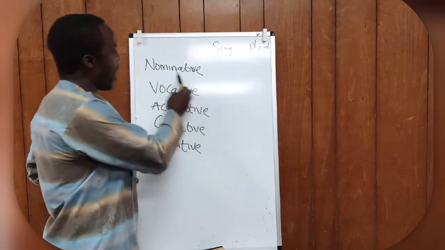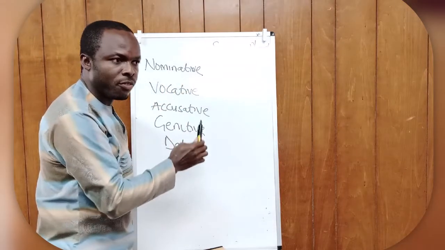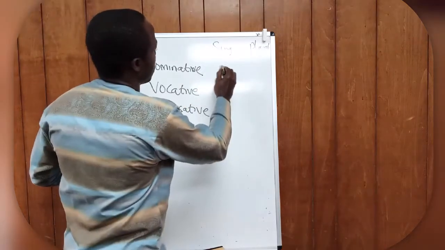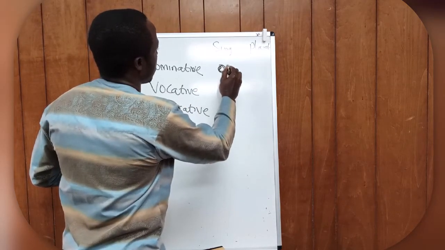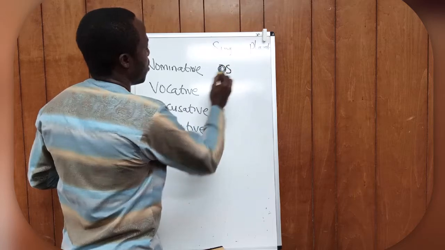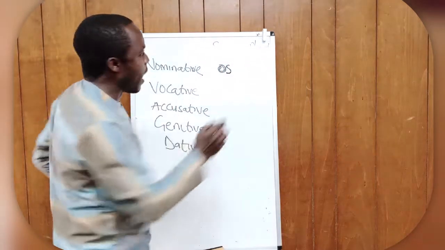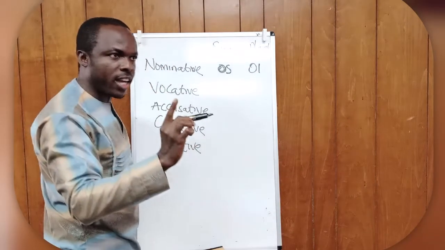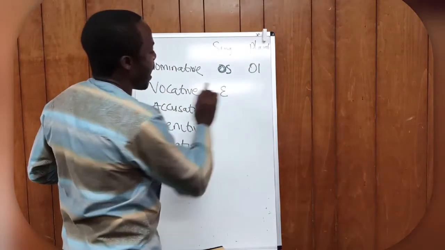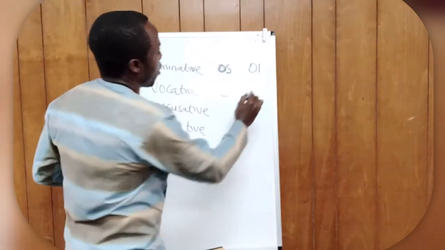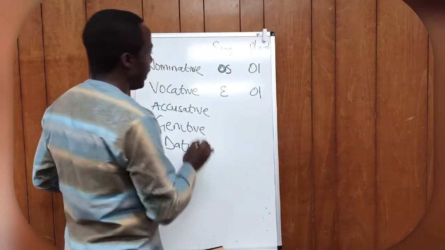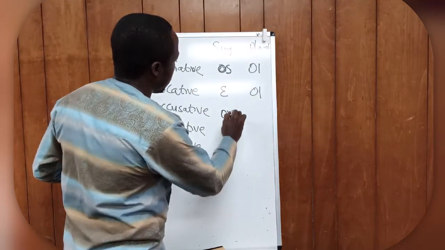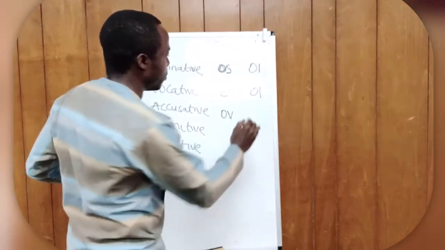All right. Now we have nominative. Any noun in the nominative singular ends in omicron, sigma, and the plural is oi. In the vocative, it has the ending epsilon, and the plural is oi. In the accusative, it has the ending omicron, nu, and the plural is ous.